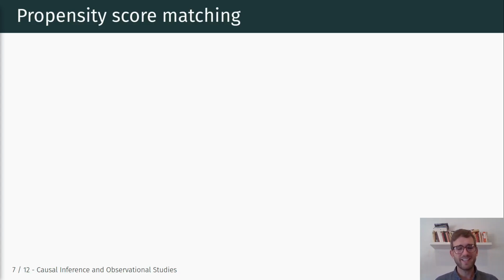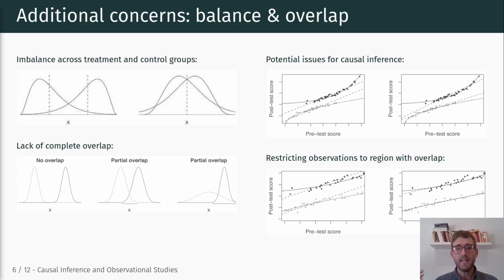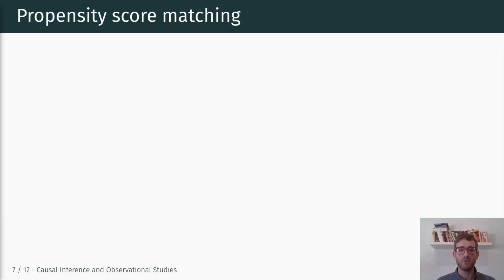So the question is, can we make these adjustments by adjusting for potential confounding factors with fewer parametric assumptions than regression? Propensity score matching helps us restrict observations to only sets of observations that are comparable, and therefore allows us to make these comparisons between treatment and control group, for example, then using regression again, okay?